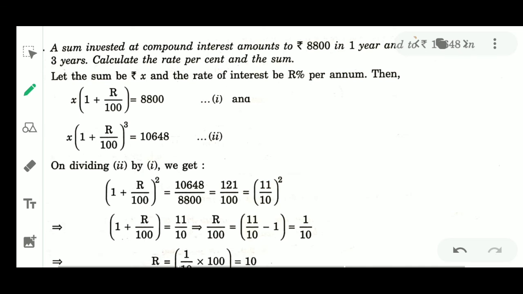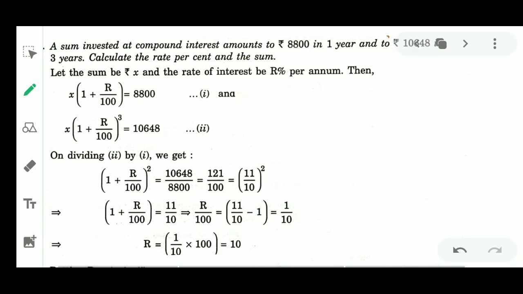Now moving to the next question. A sum invested at compound interest amounts to 8,800 in 1 year and to 10,648 in 3 years. Calculate the rate percent and the sum.